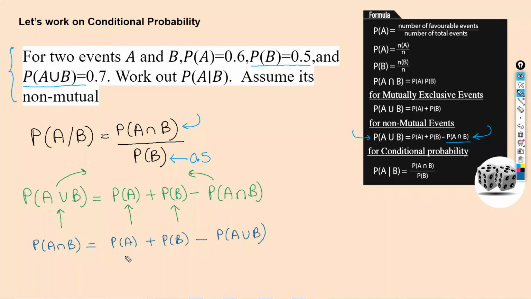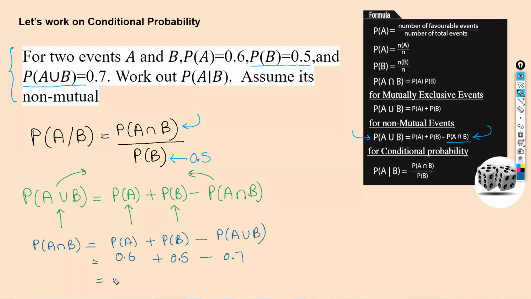So let's substitute in some values. P(A), look over here, is 0.6. P(B) is 0.5. And P(A or B), well, that's 0.7. So let's work that out quickly. 0.6 plus 0.5 minus 0.7.